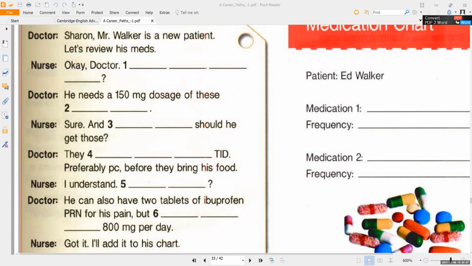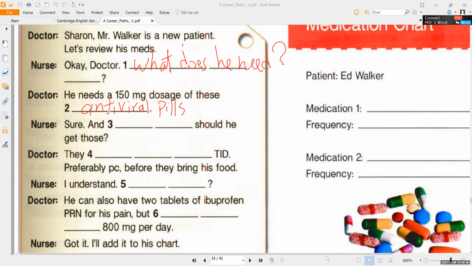He needs a 150 milligram dosage of these antiviral pills.